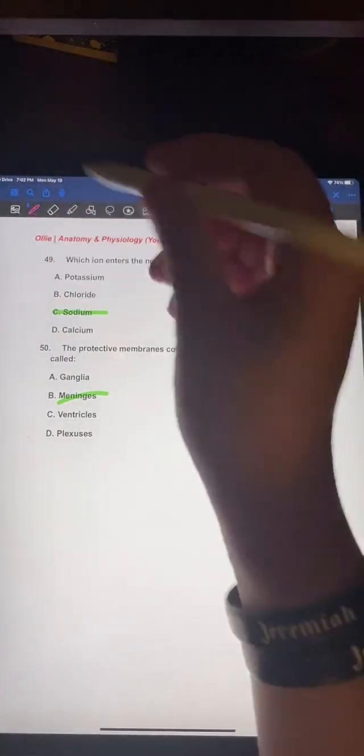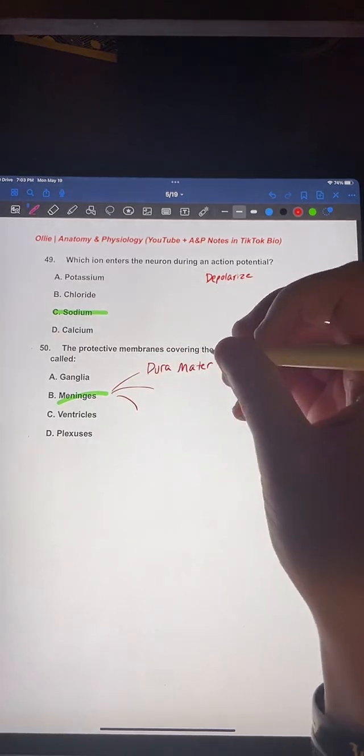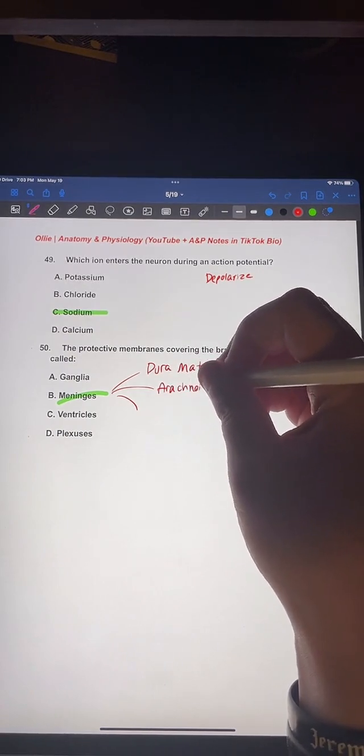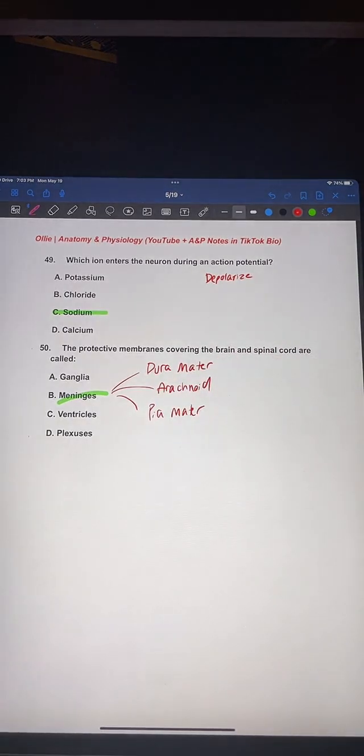So we have the dura mater, the arachnoid, and the pia mater. Ganglia is a cluster of neurons. The ventricles, those are the fluid-filled spaces in the brain, and then the plexuses, that's a network of spinal nerves.